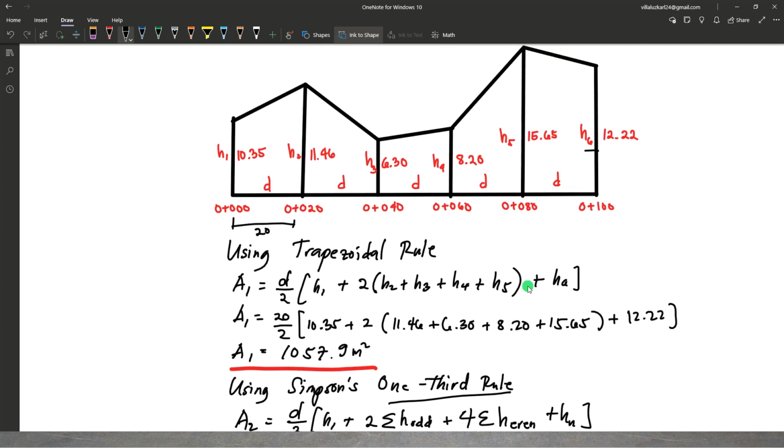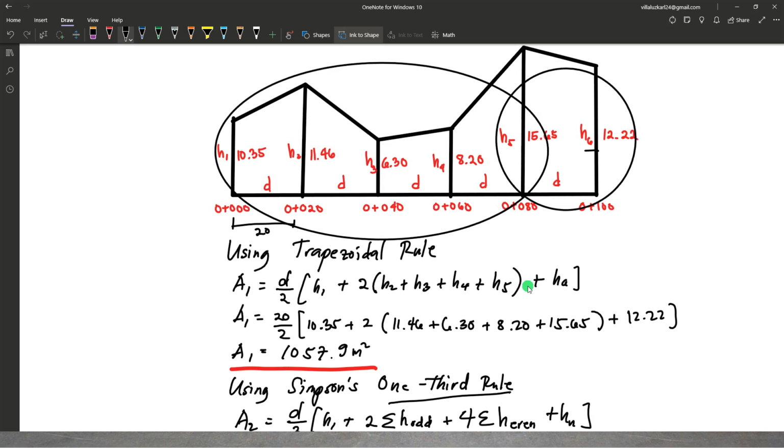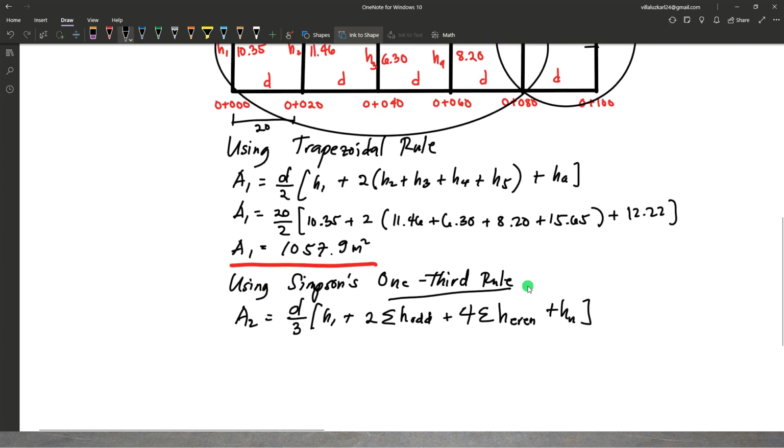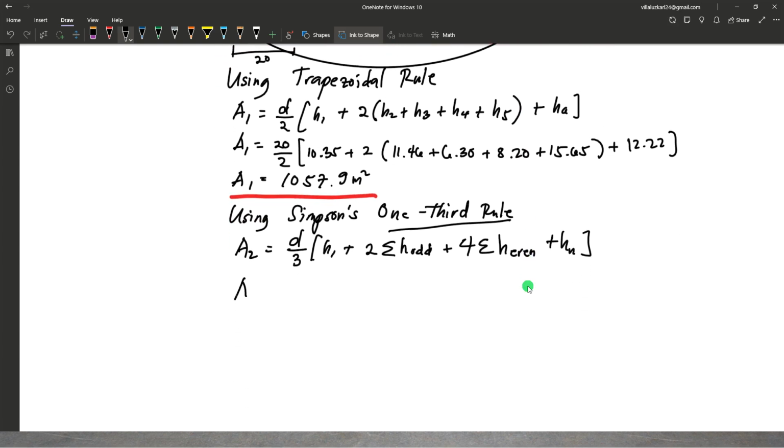So we apply Simpson's one-third rule from station 1 to station 5, and we use trapezoidal rule from station 5 to station 6. So let's rewrite the solution here for the area 2, d over 3, h1 plus 2 h3 plus 4 times h2 plus h4, and we end at h5.